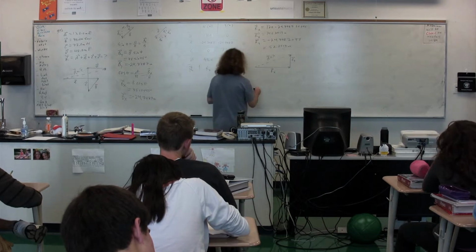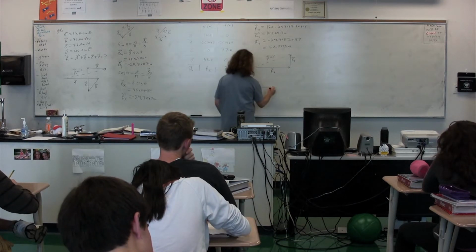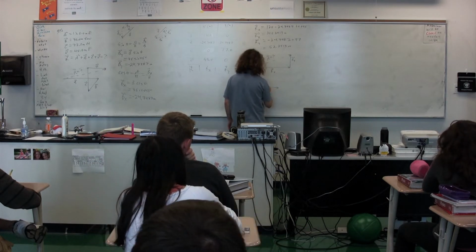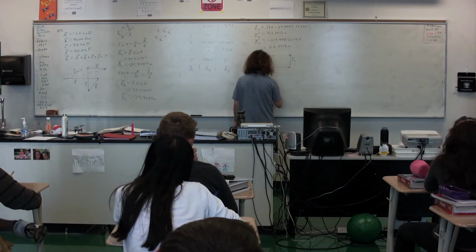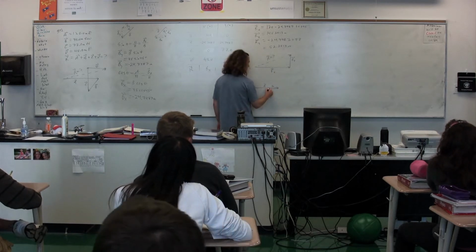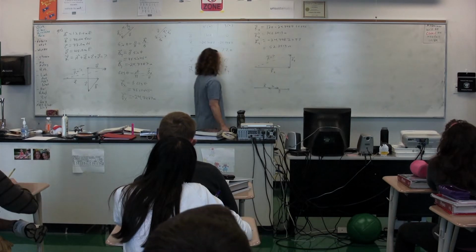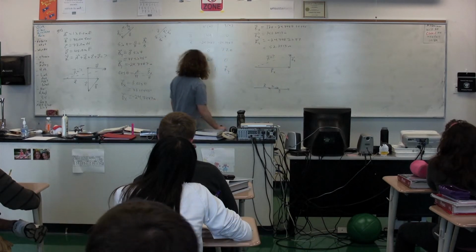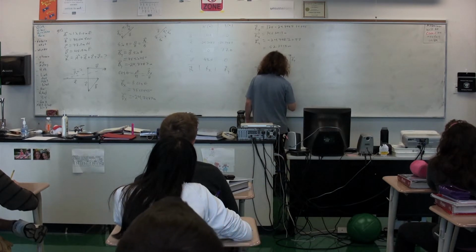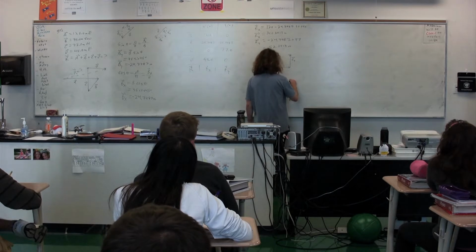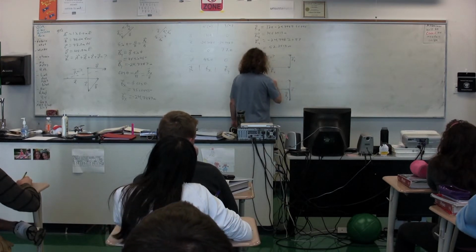We have initially vector A, which looks like this. Then we're adding vector B in the x direction, and then vector D. Then we can add vector B in the y direction, and then vector C. And our resultant vector.